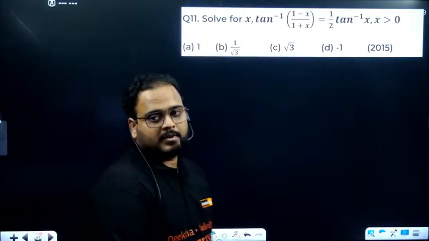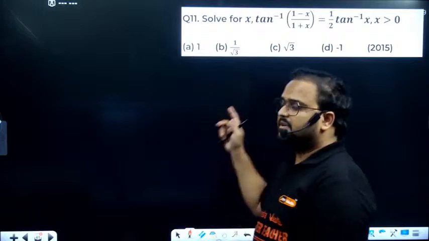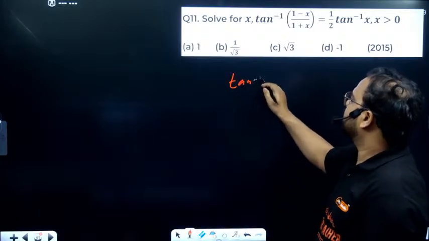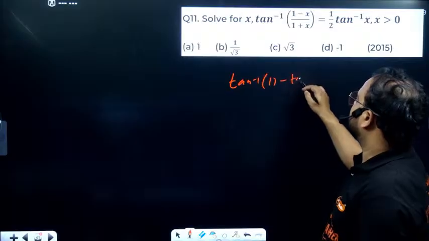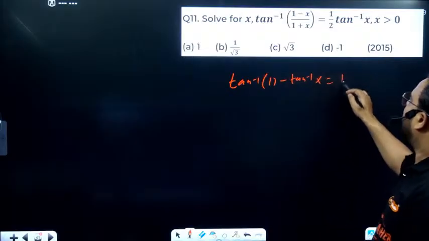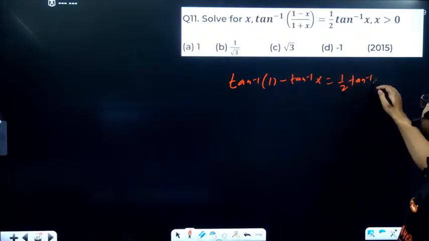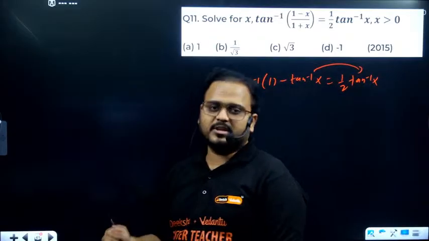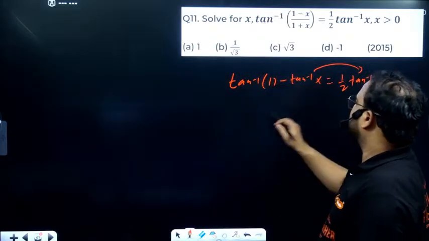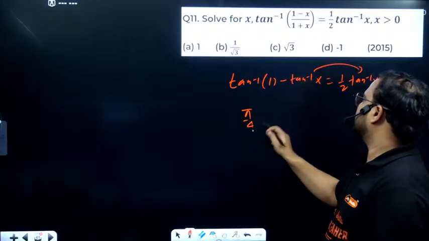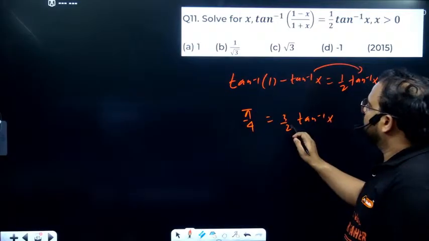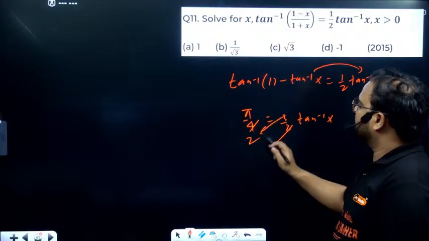11th one. Okay. This is a similar question we have solved in the board side also. This is a formula, right? Tan inverse of 1 minus, I just solved that right now. Remember in the board. So some of the questions in boards and CET are similar in nature. This moves over here. This is pi by 4. 3 by 2 tan inverse of x. 2 and this cancels. 3 comes over here.